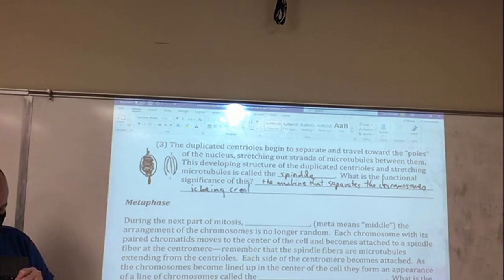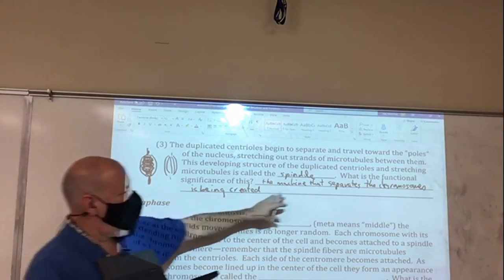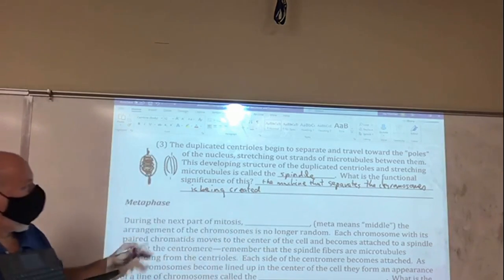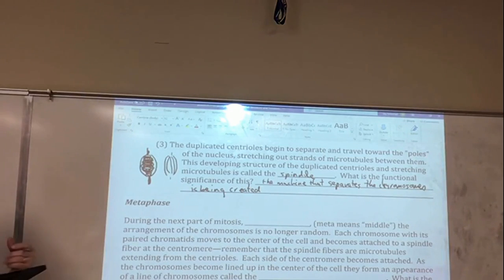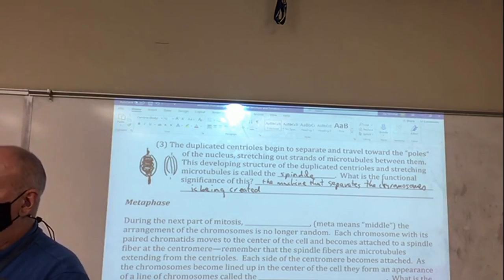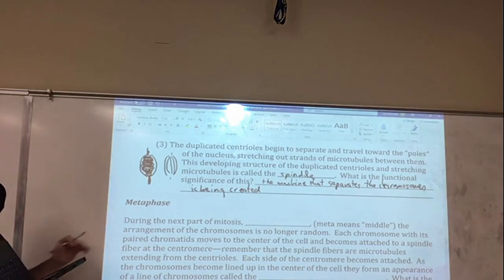Okay, that's the functional significance of this. I'm creating that machine. The machine that separates the chromosomes is being created. I'm creating this machine that's going to pull these chromosomes apart. That's why this is prophase. It's not quite ready yet. It's the beginning phase. It's the before phase. Okay?